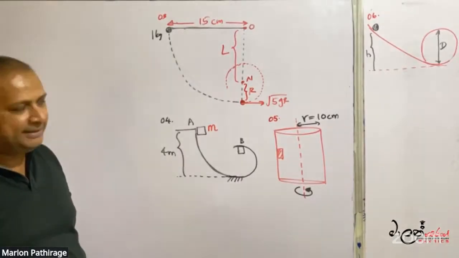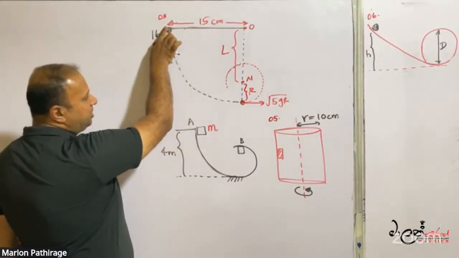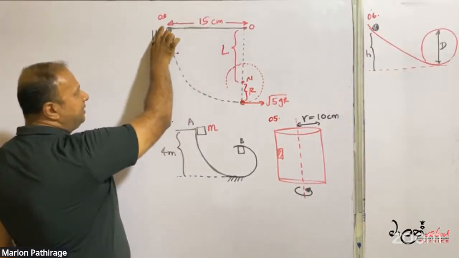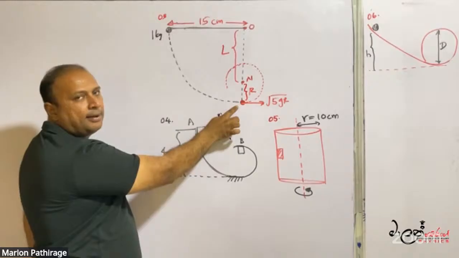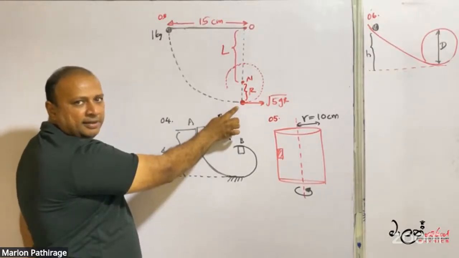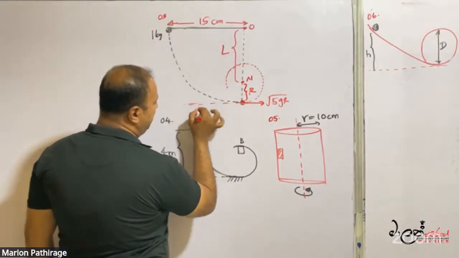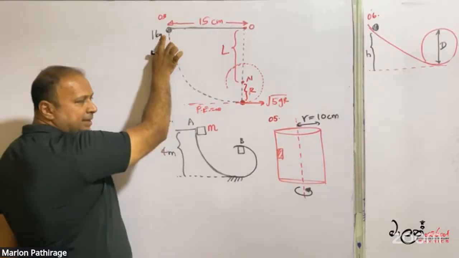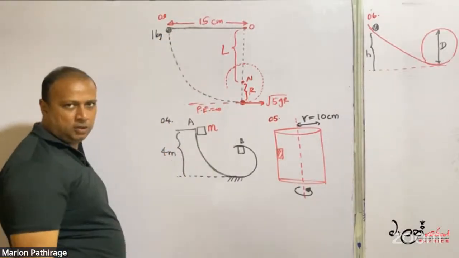Now this object is at this position and comes to this position. If this is the potential energy zero level, initially this object has potential energy only. Now it has kinetic energy only.